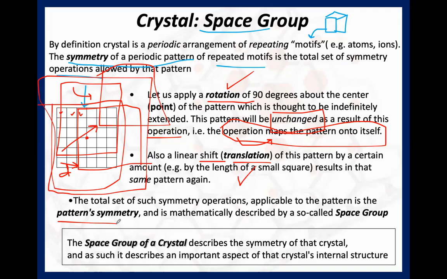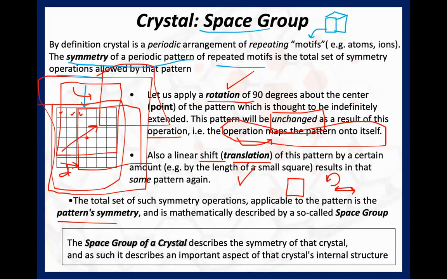Both symmetries are there. Some patterns might have only one of these types of symmetries. The space group defines its symmetry, because when you showed rotation as well as translation in any direction, it still did not change its pattern. So the space group defines a crystal's symmetry.